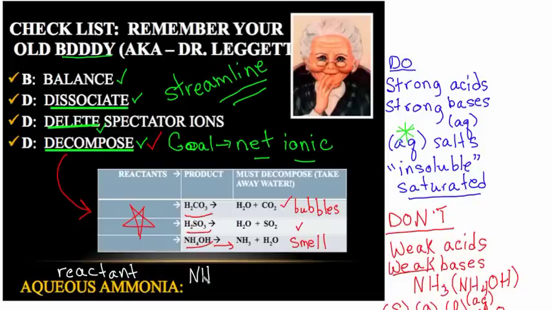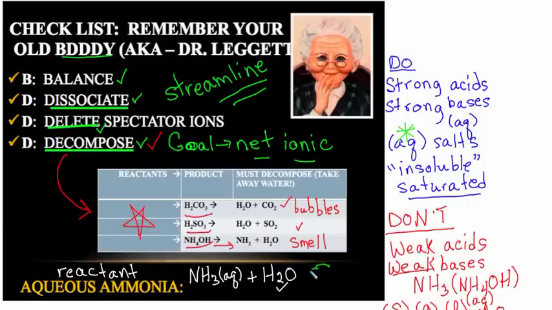Now, this is one of the few times that you can't simply put NH3 and then maybe slap an aq after it. In this case, you have to supply the water as a reactant as well. Normally, if it says aqueous, we just say it's soluble, we'll break it into ions or put it into water, however you want to deal with that substance. This time, you have to include the water.